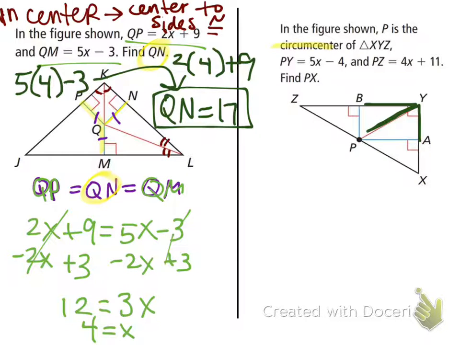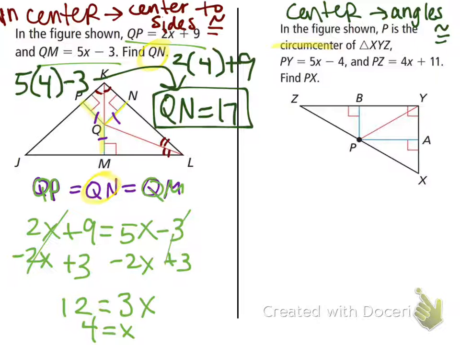So the angles aren't bisected. Because it's a circumcenter, from the center to what is congruent? I've written on the board: from the center to the angles is congruent. So from the center to Z, from the center to Y, from the center to X is going to be congruent.